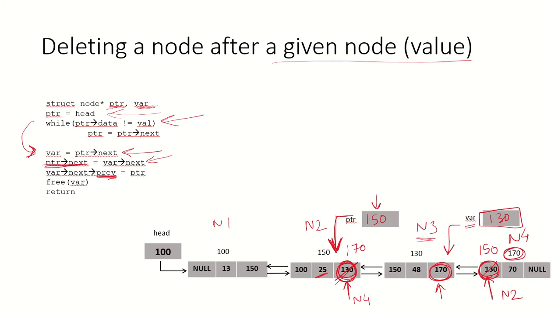Once we have made changes in node 2 and node 4, we simply have to delete node 3. Though it is not part of the linked list currently, because node 2 is now pointing to node 4 and node 4 is pointing to node 2, it is still using up the space allocated to it. So we say free var, and this will return the space allocated to node N3 back to the heap.